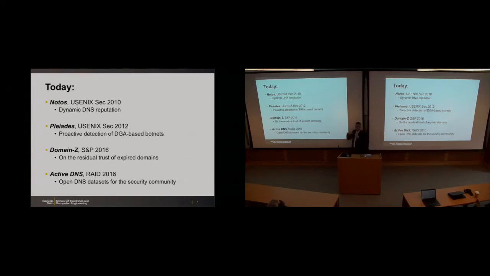So if I send you a link with google.com, you will click on that link, am I right? That's logical. If google.com expires and I register google.com and I put a malware on google.com, what am I doing? I'm exploiting the positive residual trust of the domain name, making you my victims. All right?